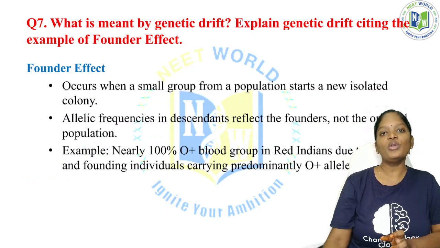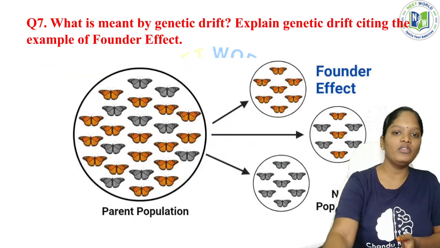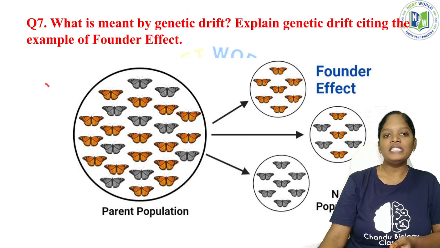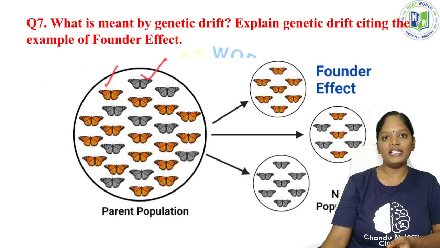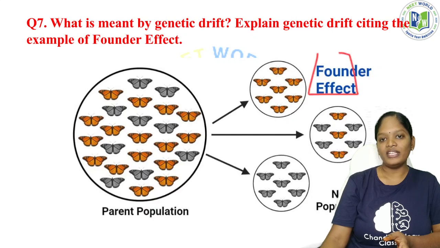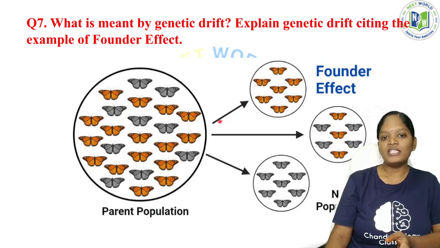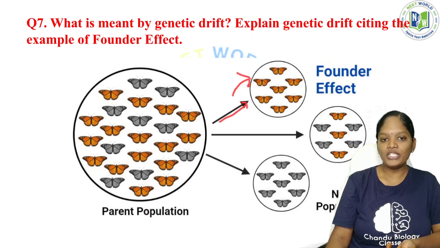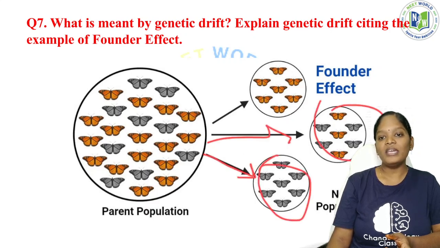You should know what is meant by founder effect, but before that just see this picture. This is a parent population where we can see brown color and gray color butterflies. In the founder effect, the brown color butterflies have been separated as a new population. From the parent population, the gray color can also be found as a new population, or a mixed population.